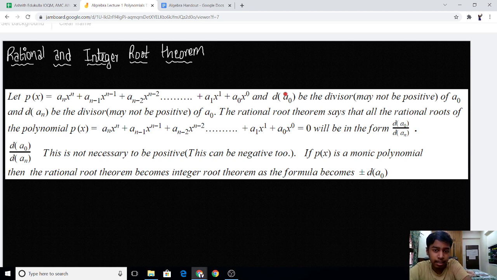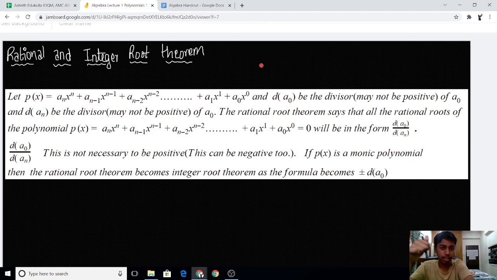Let d of a naught be the divisors of a naught. So here I only care about two coefficients, one is the first and one is the last. So now I'm taking the divisors of a naught. So what are divisors exactly?